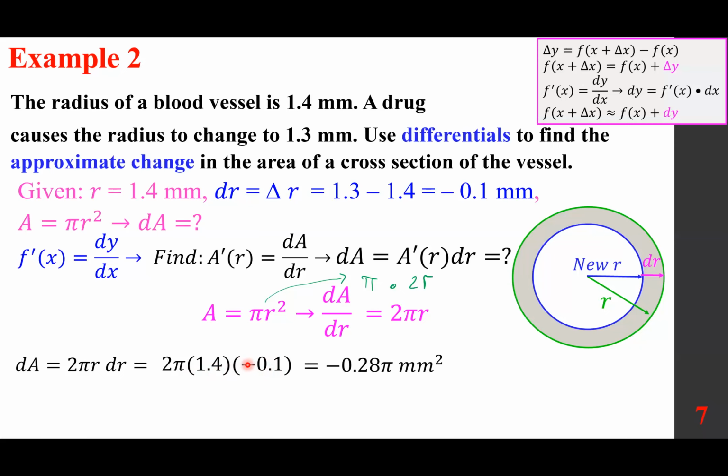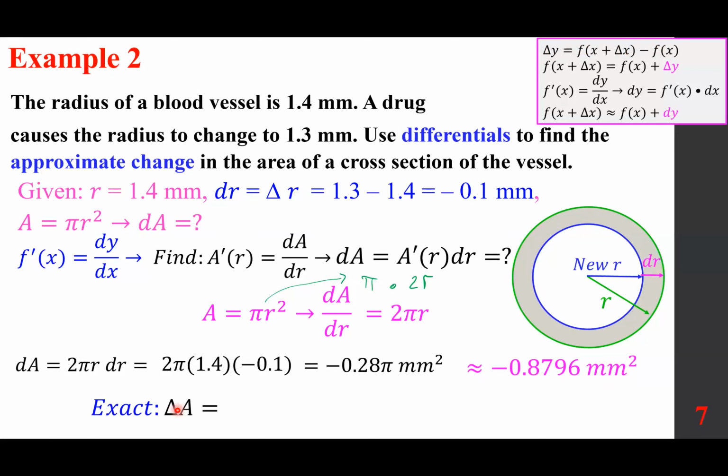This is an exact answer. And you really need to practice with that as a calculus student. This is your exact answer. Now, if you replace the pi using a calculator with a bunch of decimals, you get negative 0.8796 millimeters squared. Please understand, they asked us to approximate the change. We can actually come up with the exact answer, which is delta A. Remember, this was the exact answer, delta y.